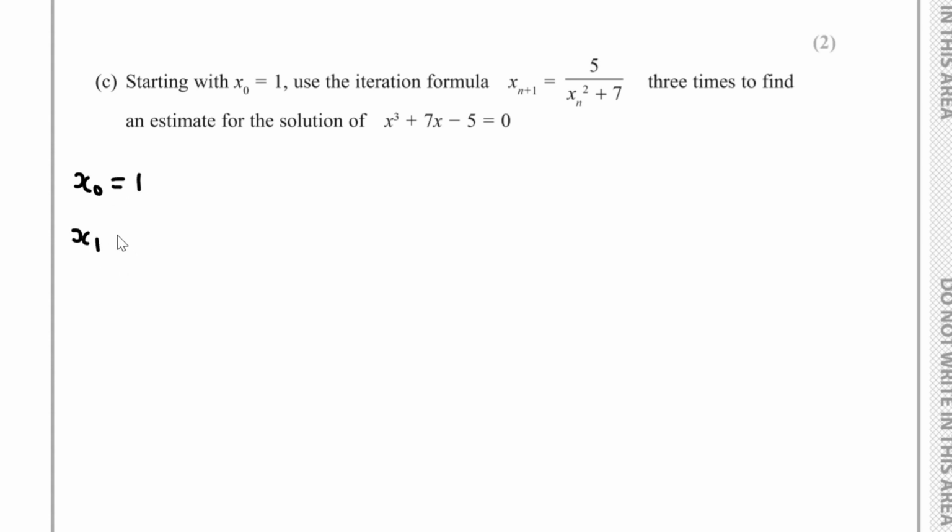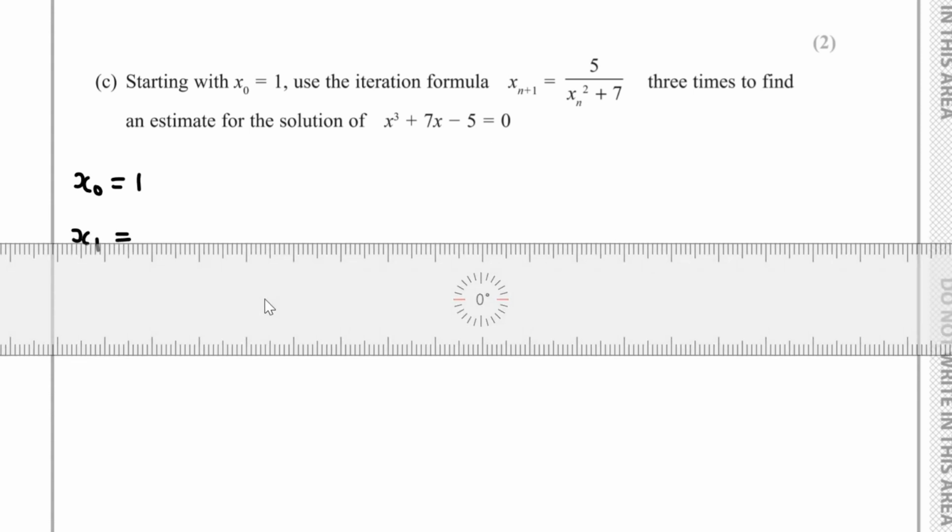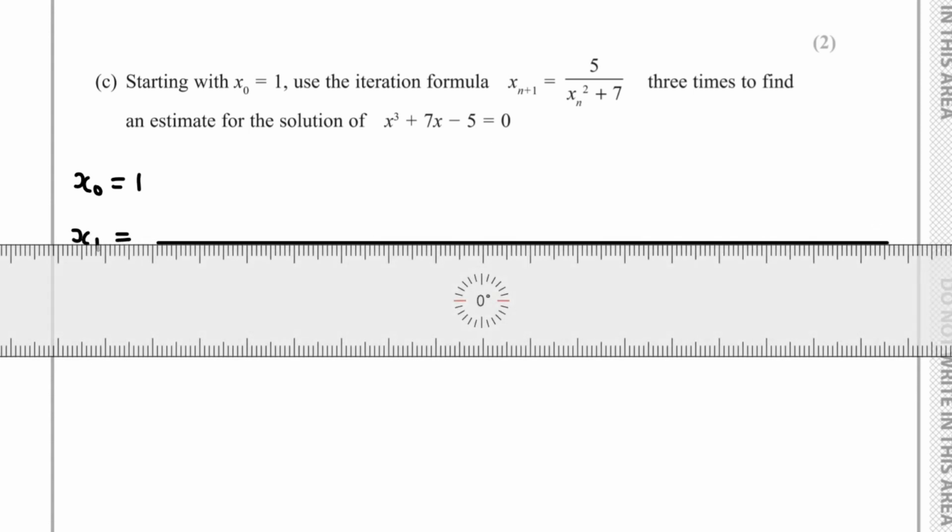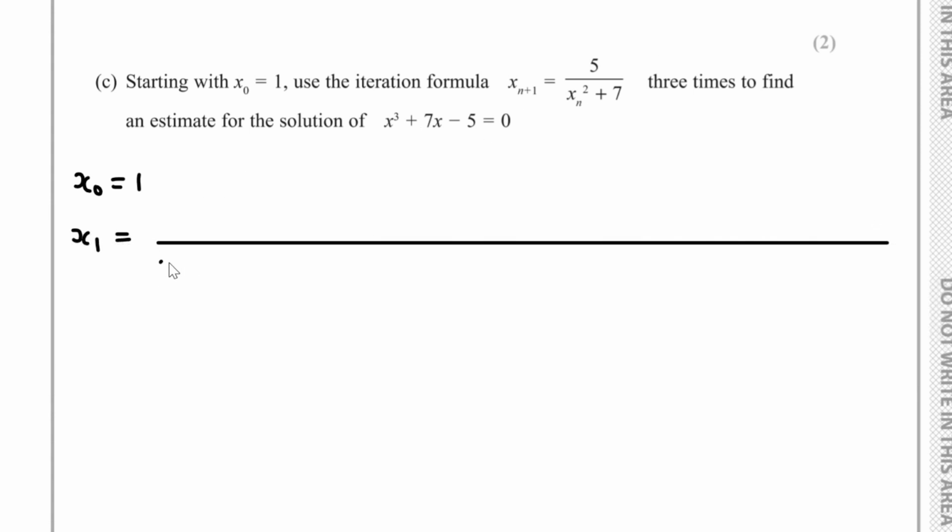So we can find out what x1 is. We've got x naught squared plus 7 on the bottom, and on the top we've got 5. So we've got 5 over 1 squared plus 7.